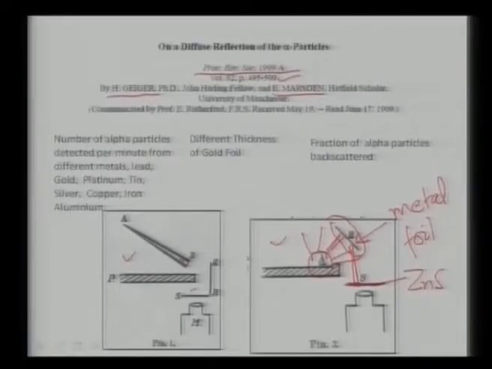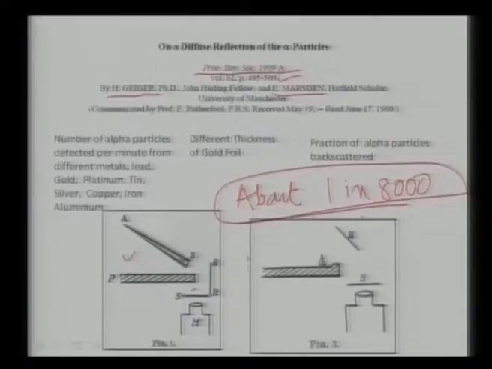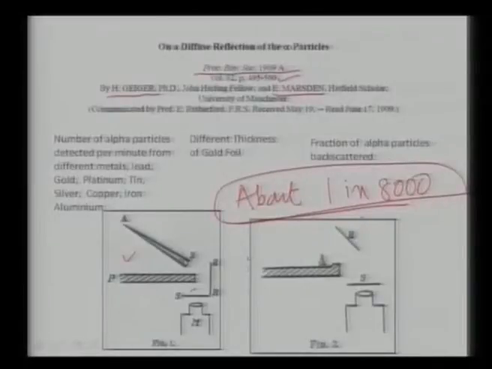Based on all this, what they found is that of the total number of alpha particles going on a metal plate, about 1 in 8,000 were backscattered. That means if I take this number seriously, 1 in 8,000, then 7,999 alpha particles went in the forward direction.